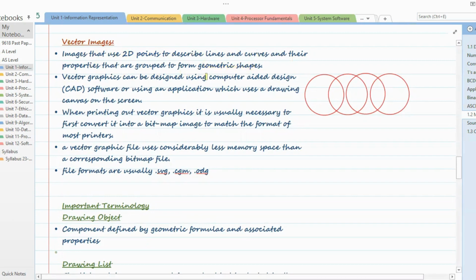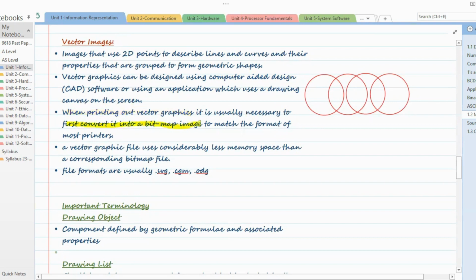Vector graphics can be designed using computer-aided design, short form CAD, software, or using an application which uses a drawing canvas on the screen. So there are many software where there are some shapes and you can just draw your image using those shapes. So that is how vector graphics are created. When printing out a vector graphic, it is usually necessary to first convert it into a bitmap image.